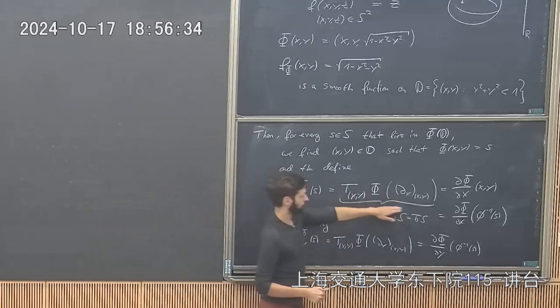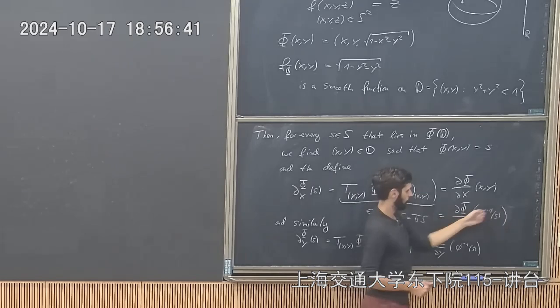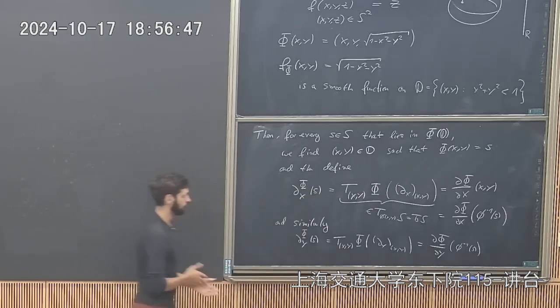And that tangent vector is defined as the partial derivative of the chart in x direction, and then we have to say at which point we take the partial derivative, and the point is essentially the inverse image of the S that we plugged in.